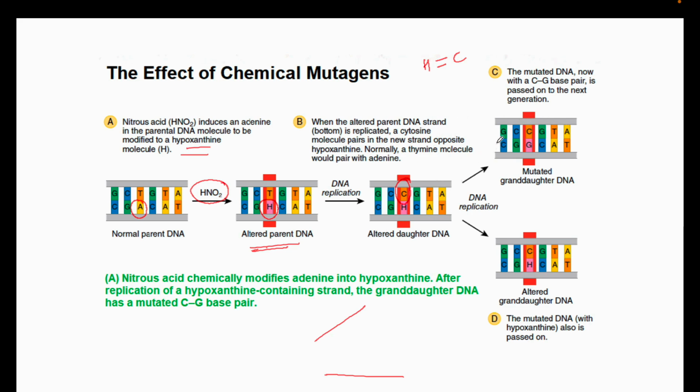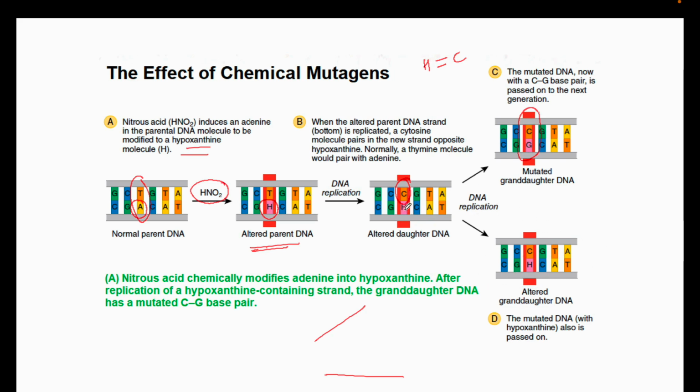And then the further mutated granddaughter DNA will have a GC. So from TA we have a GC mutation, right? From TA we now have a GC mutated DNA.